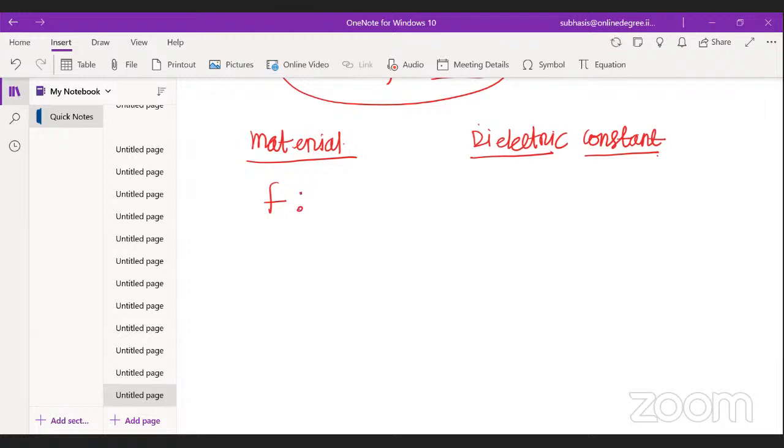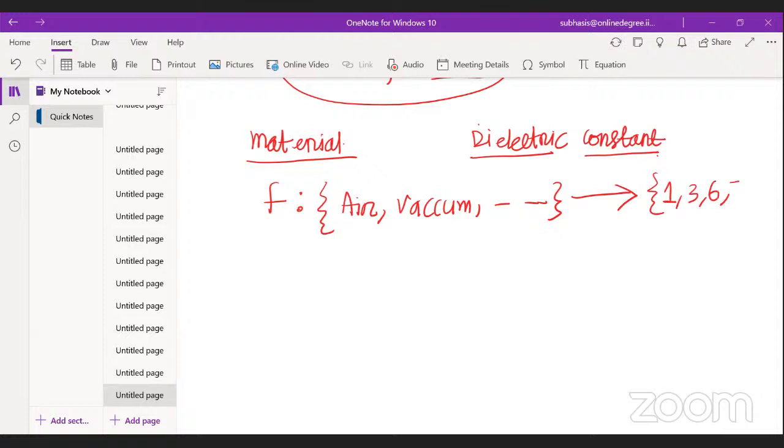Now first try to write the function. You have the function from air and vacuum, and some other things, to the set 1, 3, 6, 7, 12.